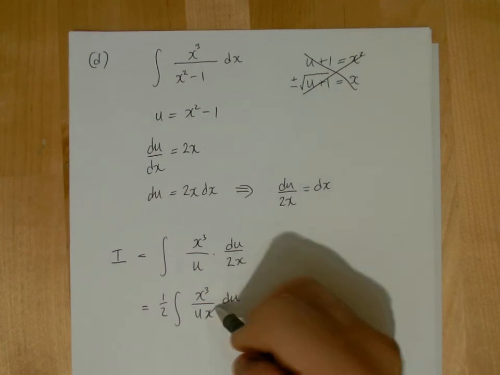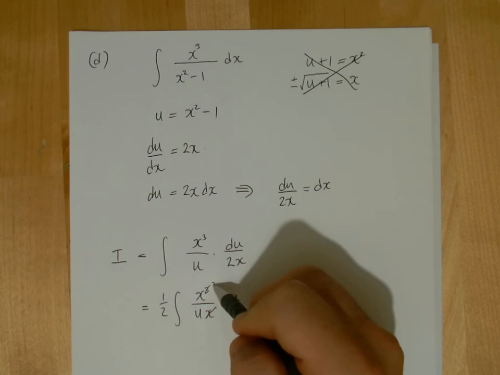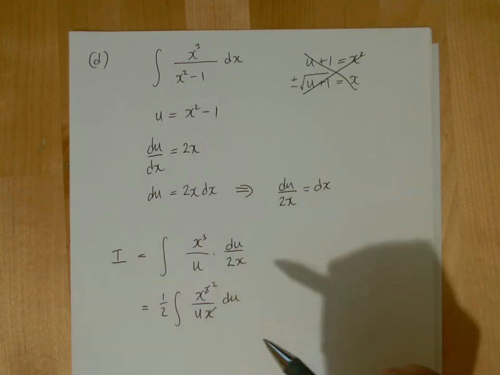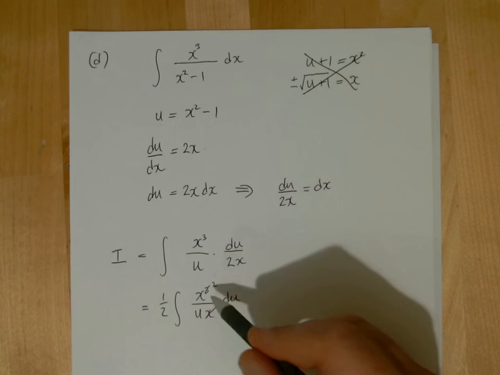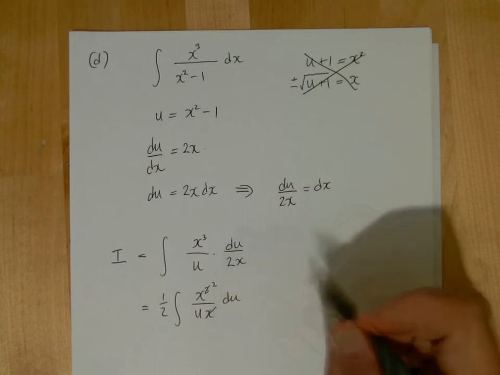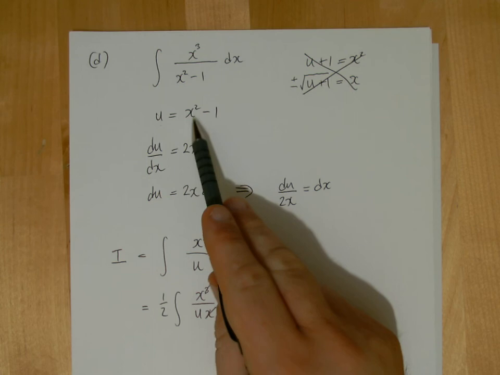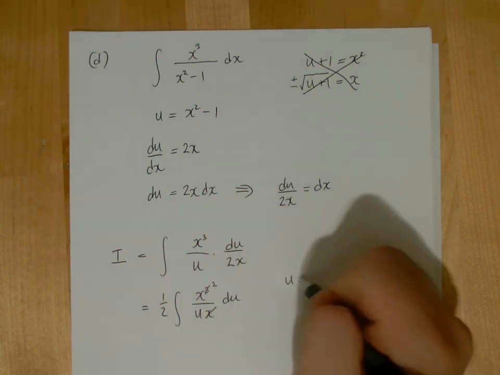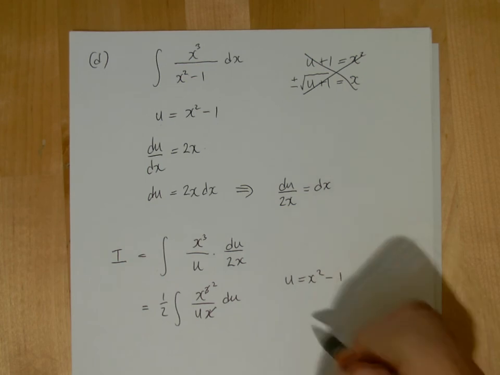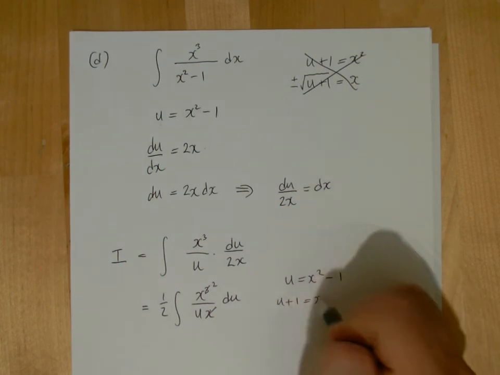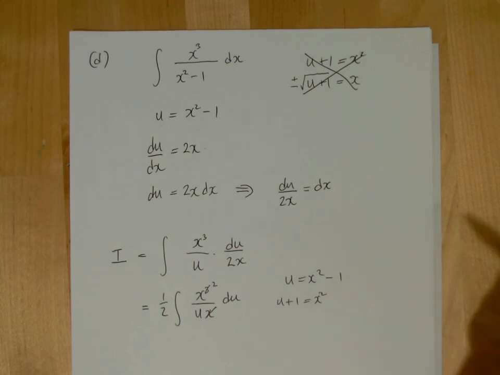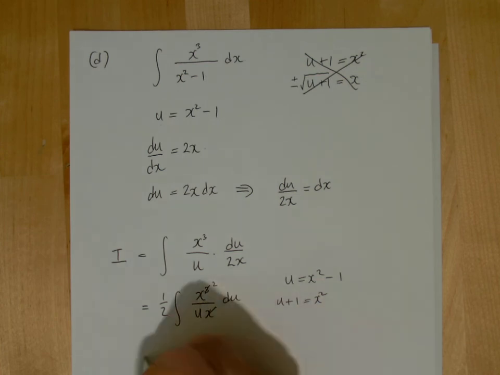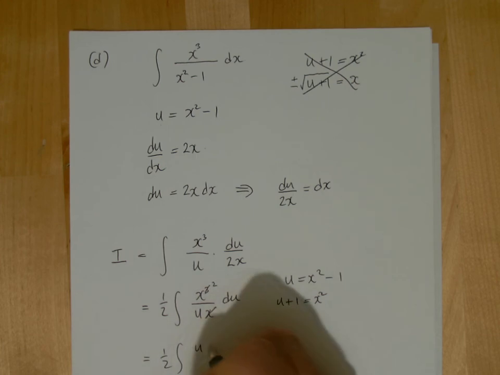So that x cancels with that cubed to become a squared. X cubed divided by x is x squared, and then you just need to appreciate that I can figure out what x squared is. Since u is equal to x squared minus 1, u plus 1 will equal x squared. So now I can get rid of that x term, because it's x squared, I can replace it with u plus 1. So I end up with that.